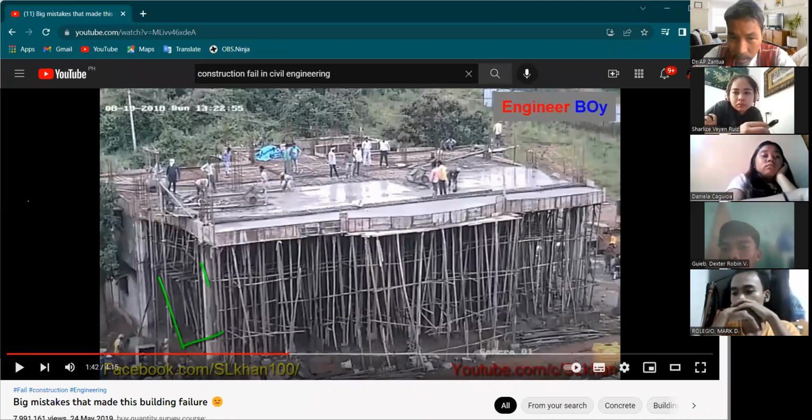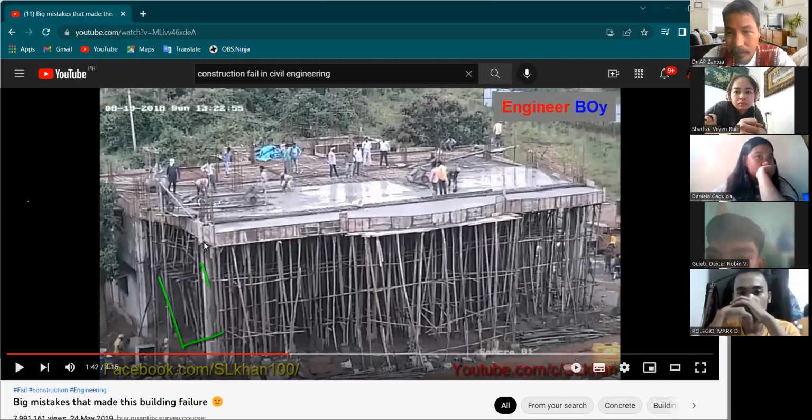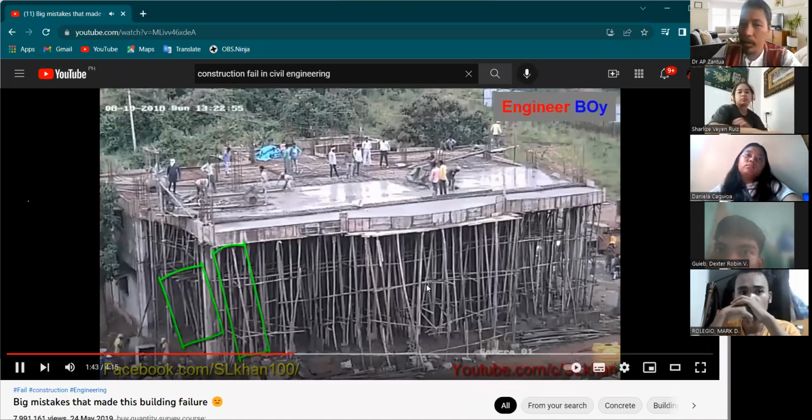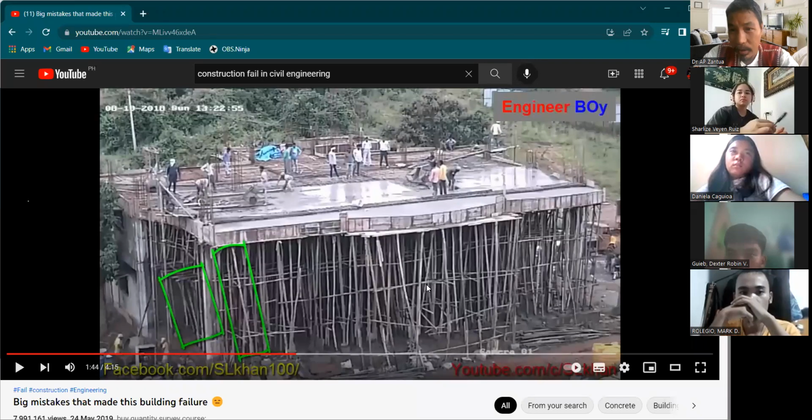But this column going here, this is a long span. I am talking of columns for building. That is not the same when we are talking of columns for bridge. Of course, the columns for bridge are longer. The requirement for columns of bridge is very long.